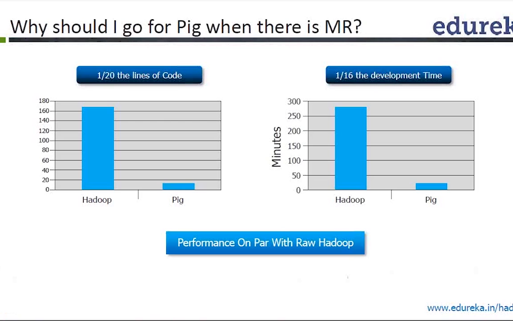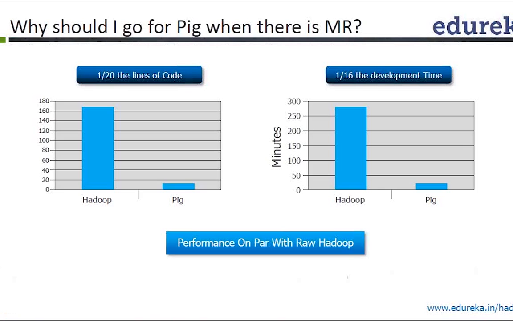If you're writing 200 lines of code in MapReduce, maybe in Pig you're writing 10 lines of code. So overall the number of lines of code you write is going to be very small in Pig, and since you write less code, it will have less development time, because the effort you put in is going to be less.